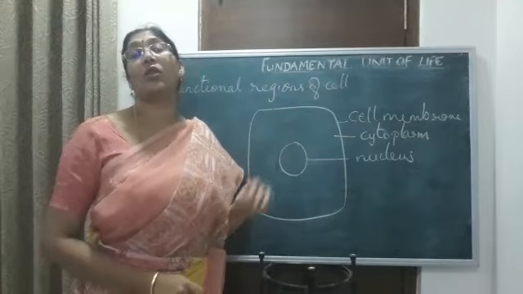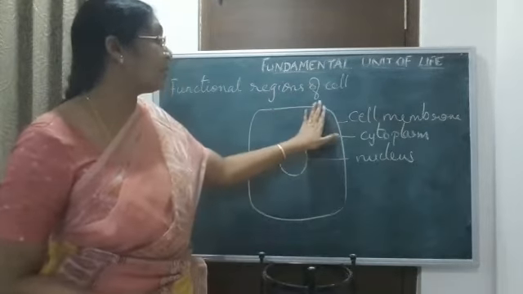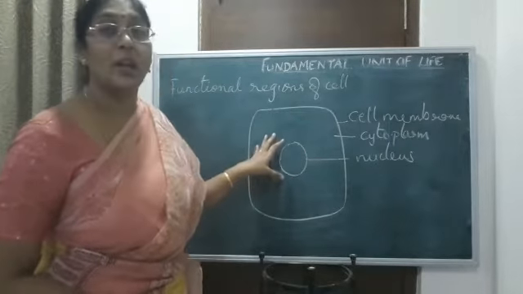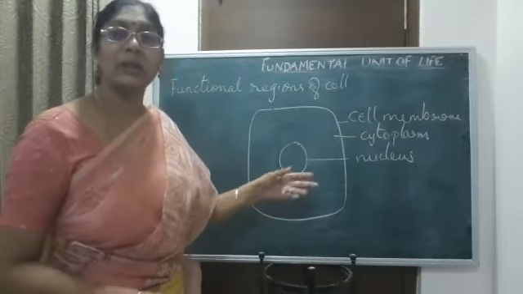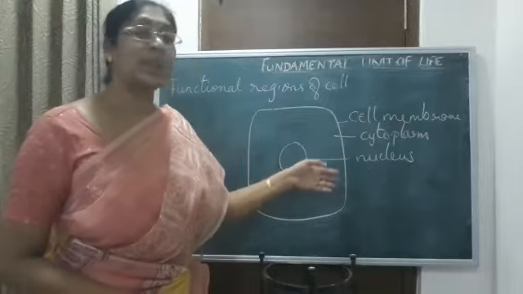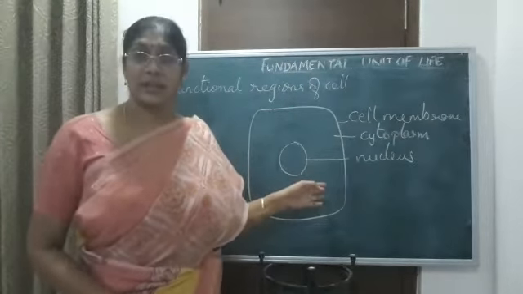The second function of the cell membrane is this: if the cell membrane is ruptured, what would happen to the content of the cell? What would happen to the nucleus? What would happen to the cytoplasm? All this will get lost, isn't it? Even foreign material like bacteria or any toxic material present outside can enter into the cell.